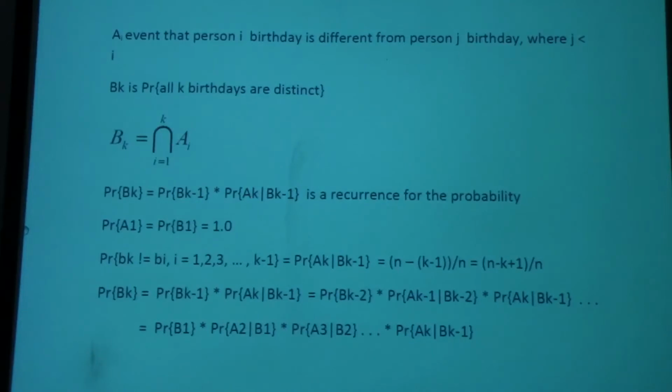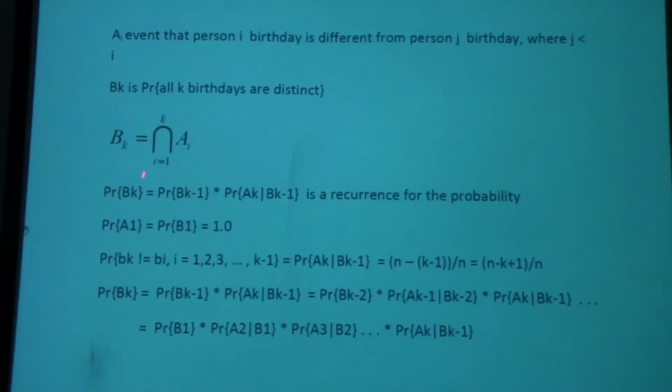Intersect A_2, which means that A_2 is different than A_1. Intersect A_3, which means A_3 is different than A_1 and 2. Dot, dot, dot. Intersect A_k, which is the probability that A_k is different than 1 through k minus 1. Okay? So B_k is the probability that all k birthdays are distinct.